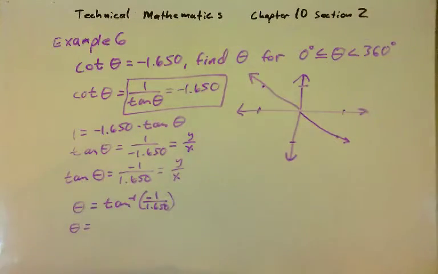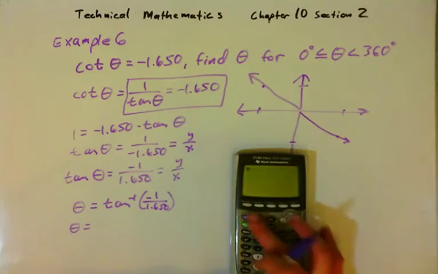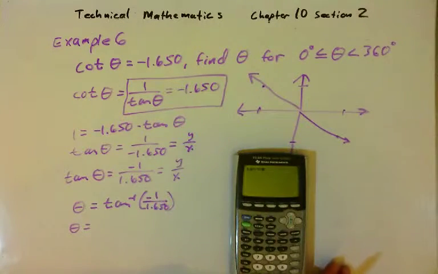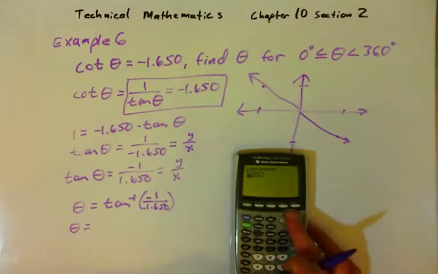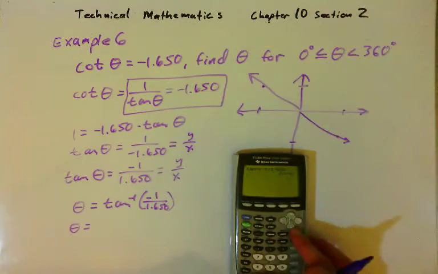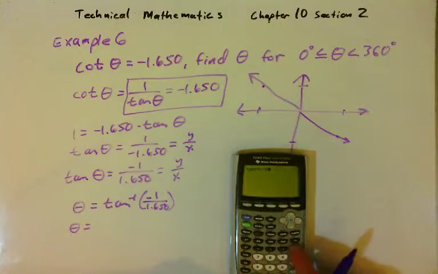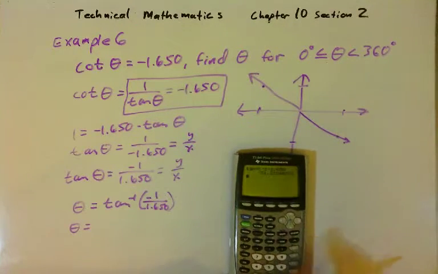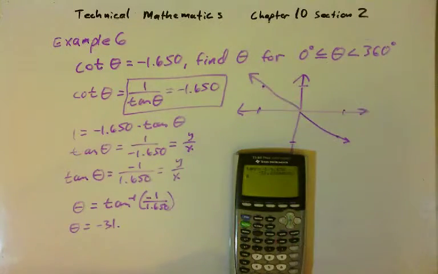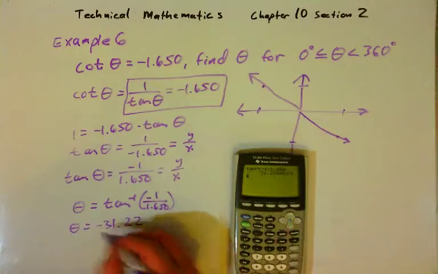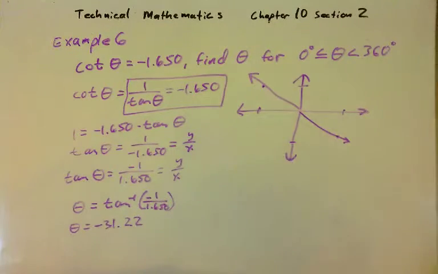And so theta equals, we use our calculator, the inverse tangent of negative 1 divided by 1.650, and we get negative 31.22.